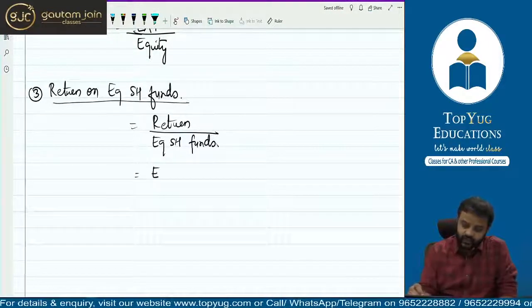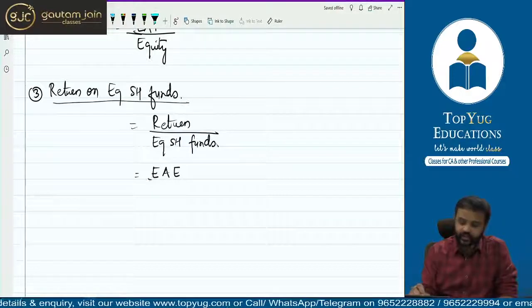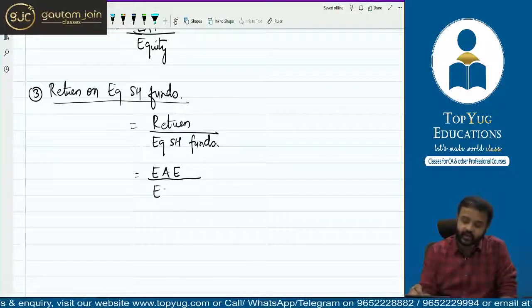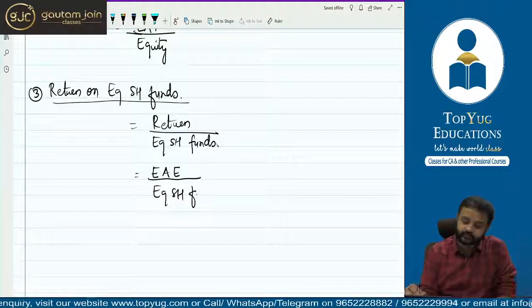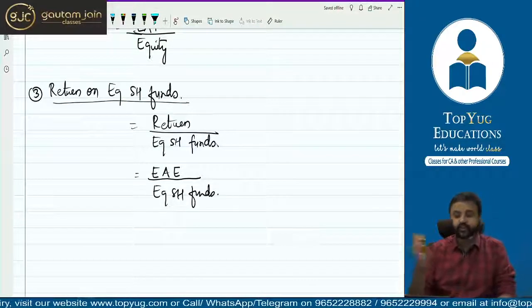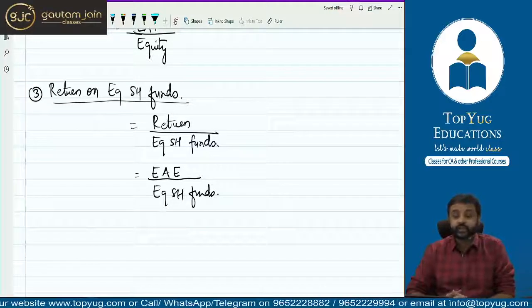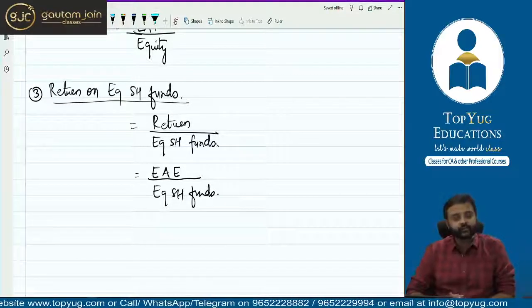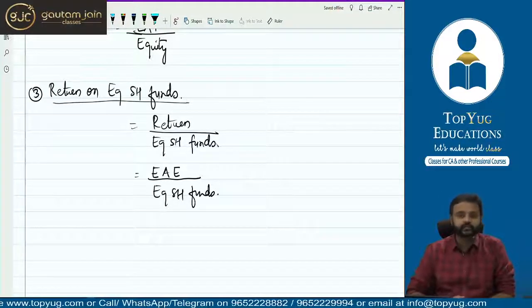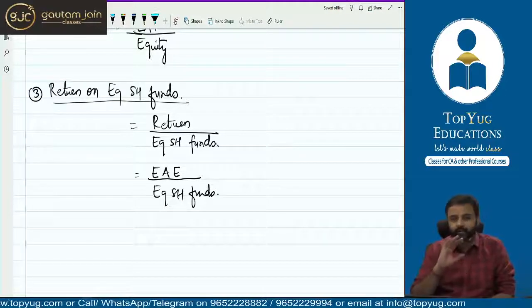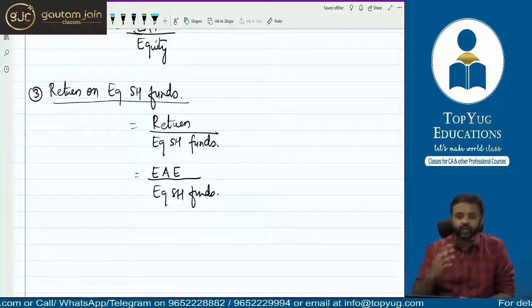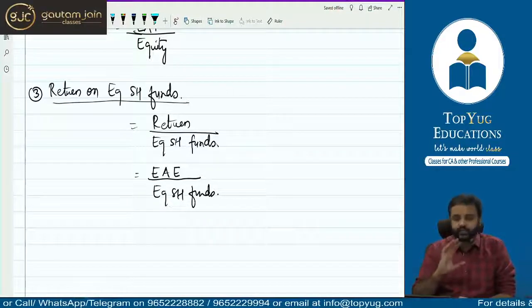So we'll say earnings available for equity shareholders divided by equity shareholders funds. And again you may ask, sir, shall we take average equity shareholders funds? If information is there, you should take. I'll not repeat that again and again, you might have understood by now. When required I will talk about it, otherwise you can just assume that it is there.